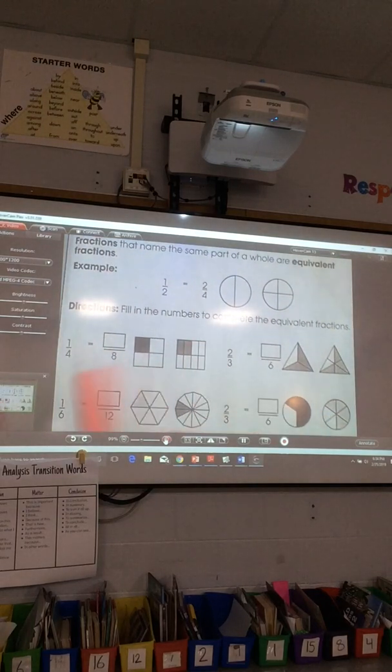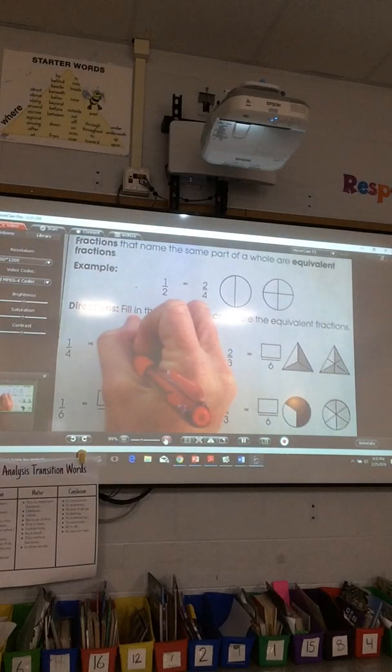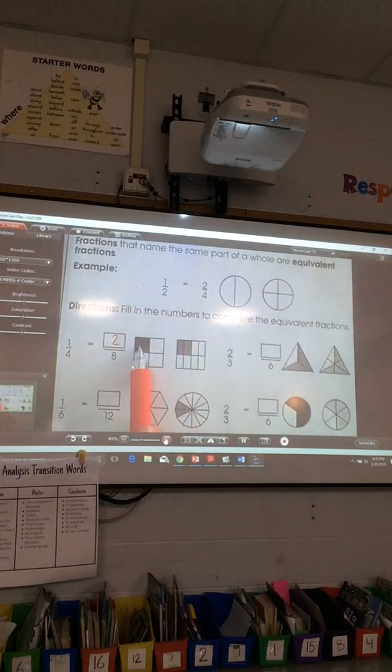So 1/4, 1 out of 4, also equals 2 out of 8. Because it's the same amount of this square that is shaded. It's just represented by more pieces. Okay?